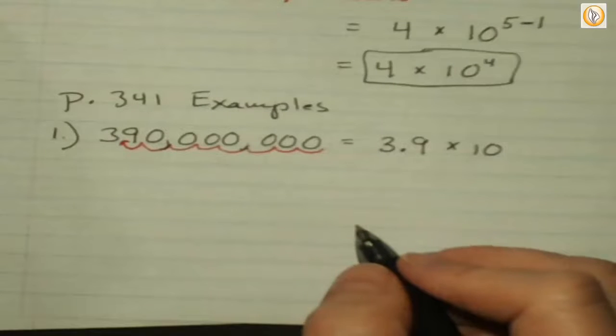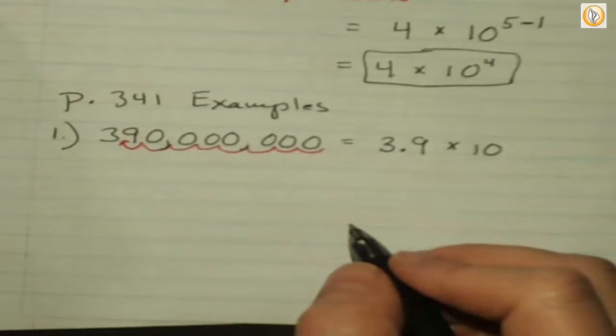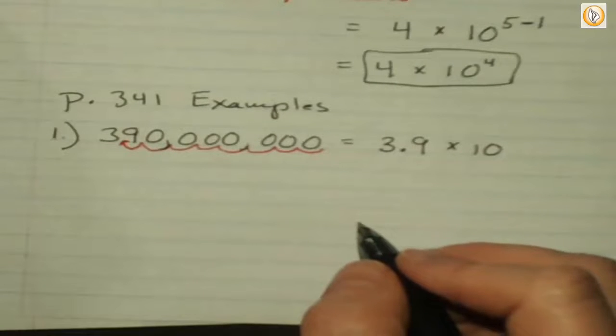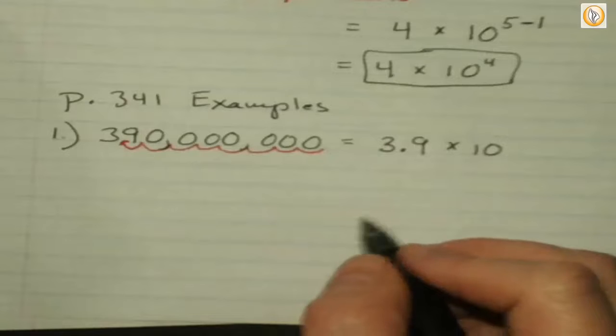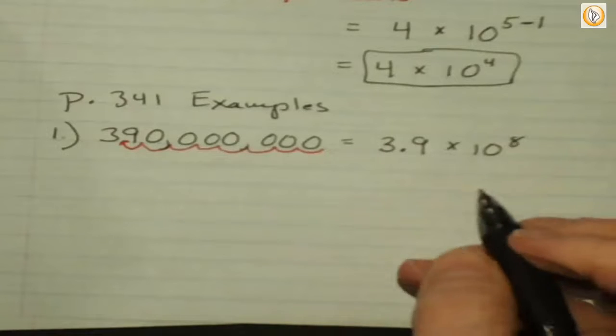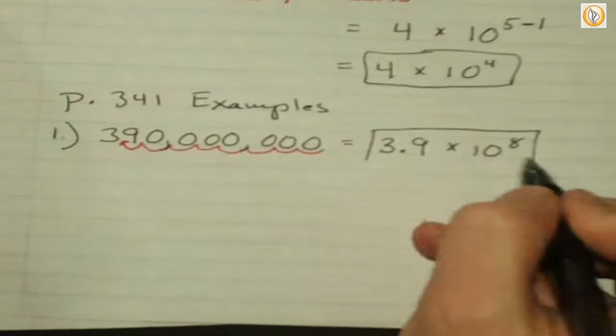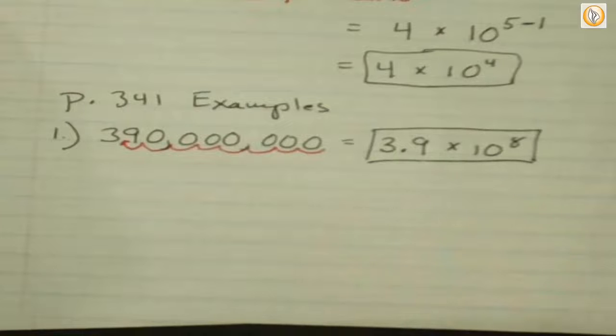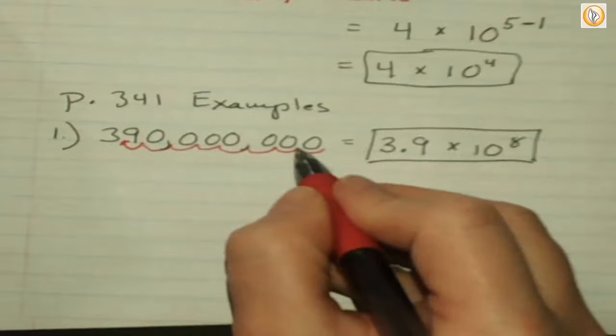How many times did we move it? 8 times. Okay, and is that a positive 8 or a negative 8? Positive. That's right. And there's your answer. Or am I just weird? You're just weird.